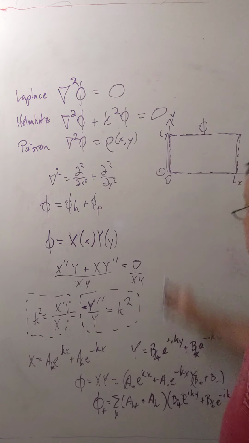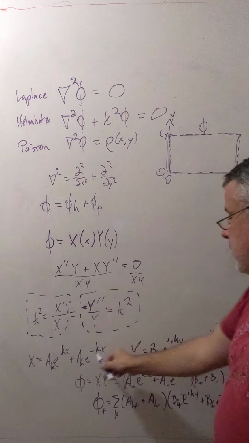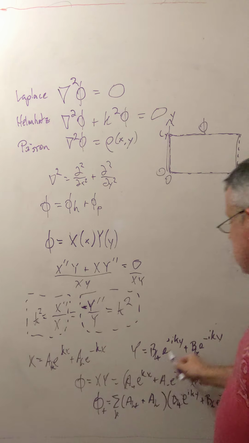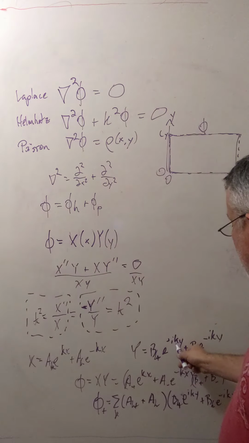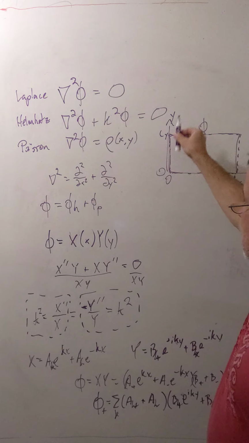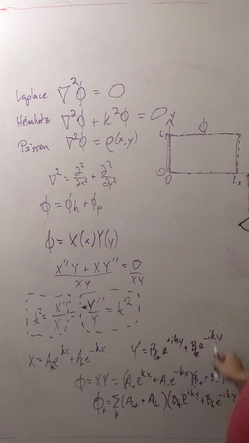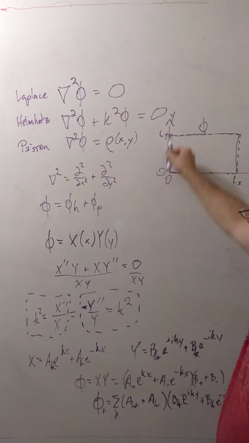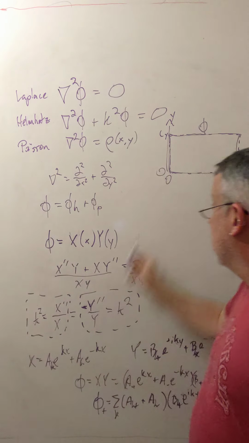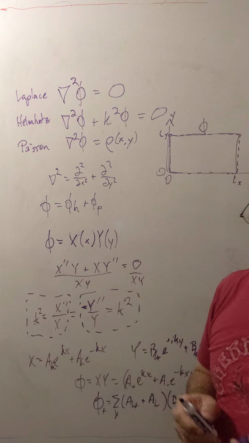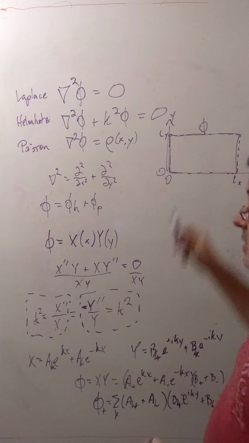In the other direction, I would be exponentially decaying with the same k. So here's my wave number, that's the rate at which this goes up and down over here on this side as I increase in y, but on this side I would set the rate of decay into the interior, or the rate of growth into the interior.